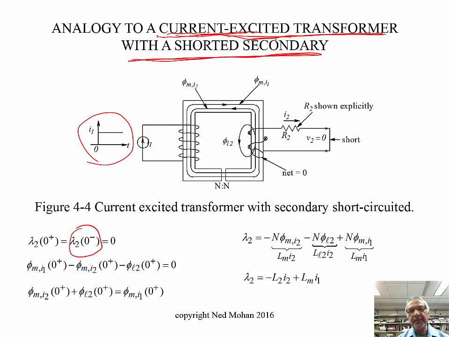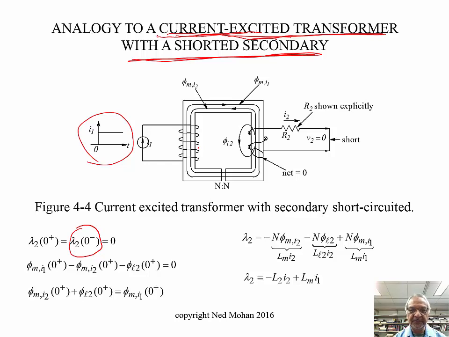Well, that's kind of problematic because there are leakage fluxes over here due to the primary winding current. But let's say that we ignore them. They cannot really be ignored, I mean, they will be there, there's no question, and they apply certain volt-seconds. So this I1 may not go as a step, but may go with some certain slope.